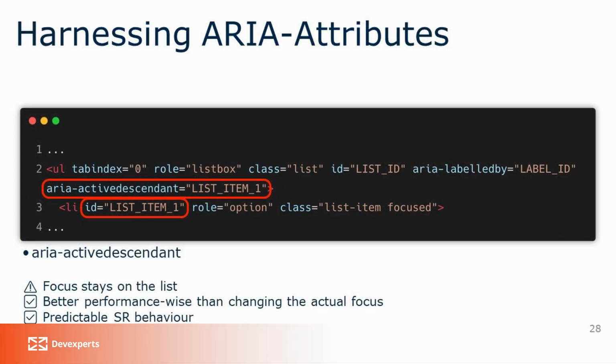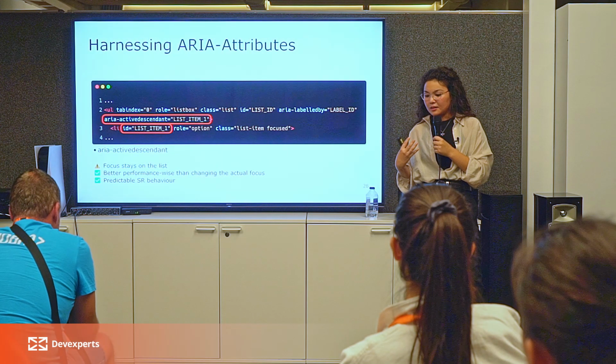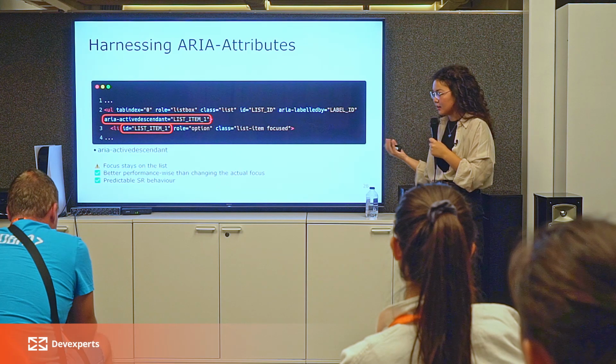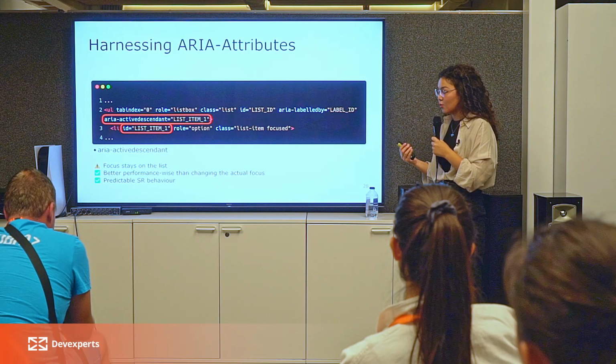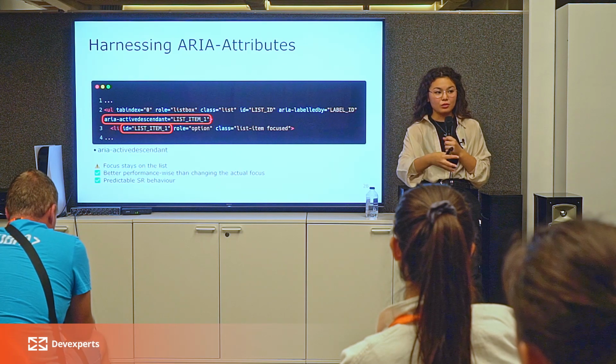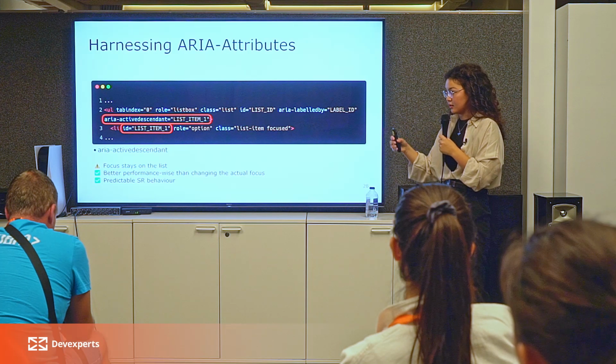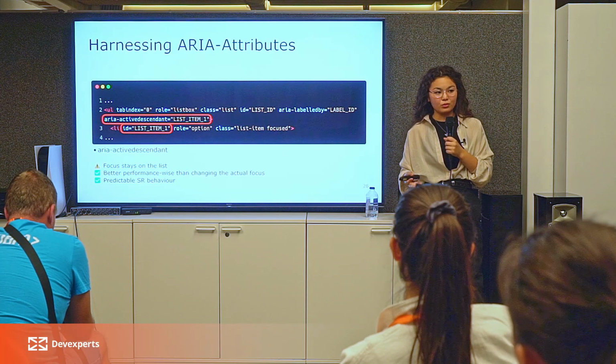So, ARIA active descendant, for last. We have to know what option is being focused right now, right? So ARIA active descendant is basically an attribute that lets us know which element is focused without changing the actual focus from the list. Why do we want to do that?